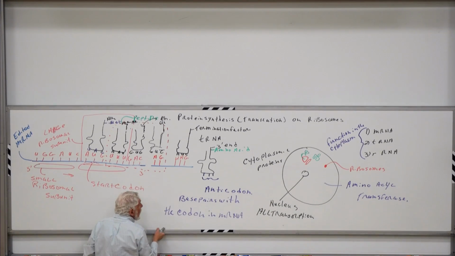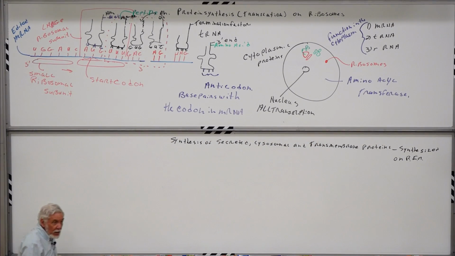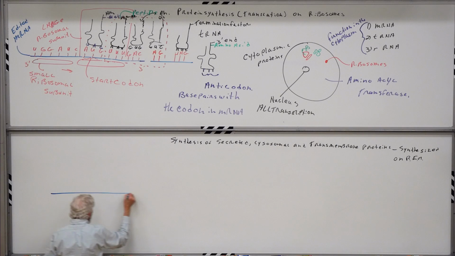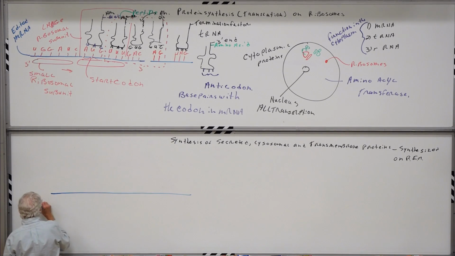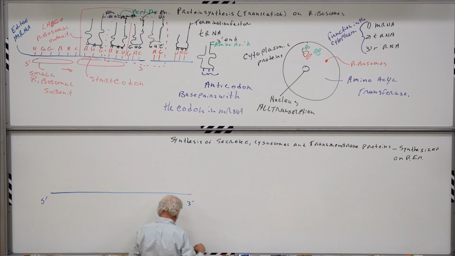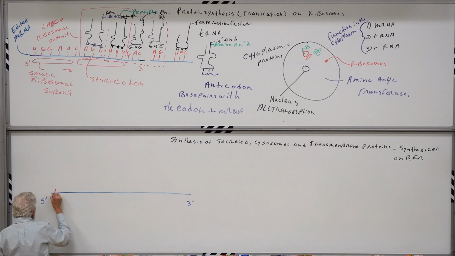But that, of course, opens the question, how do we generate this other family of proteins? And we start the same way. We start with the mRNA. We start at the 5' end. We read toward the 3' end. We have then the sequence of bases here.